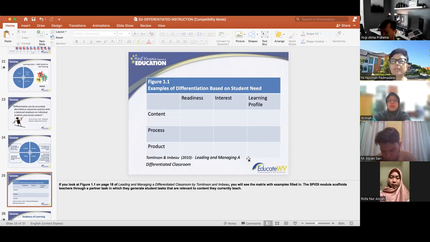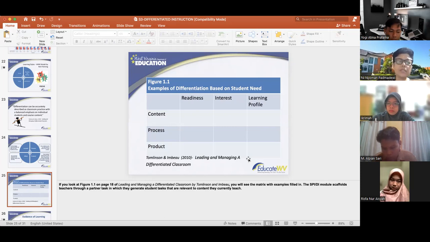What will be the process? You might consider that the students who are left behind will be learning in the classroom with the teacher, for example. Those who are average can work together outside the classroom, and those who are advanced will do independent learning in the library, right?